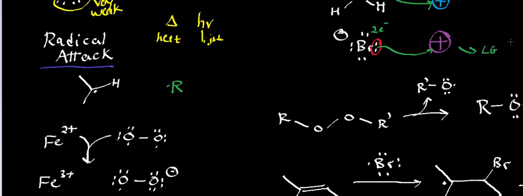Sometimes I call it radical attack, or they're just called one electron transfers. The key with radical, when you see this word radical in the context of organic or any other type of chemistry, you'll see them in biochemistry too, is that these radicals are one electron, by themselves.